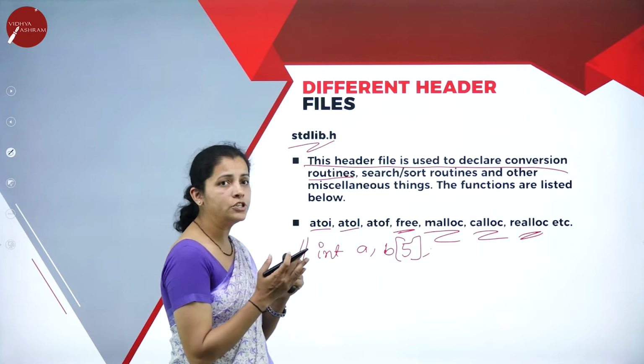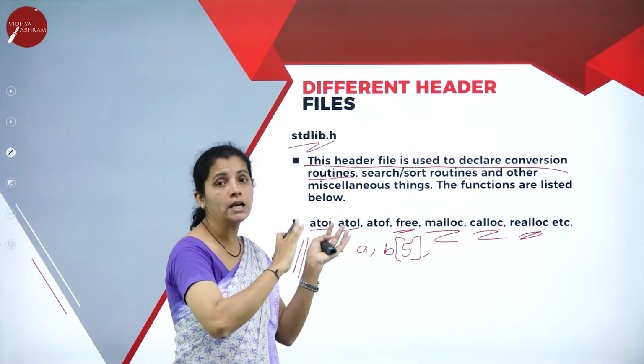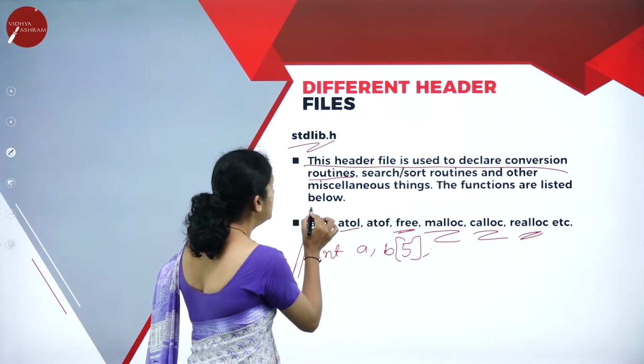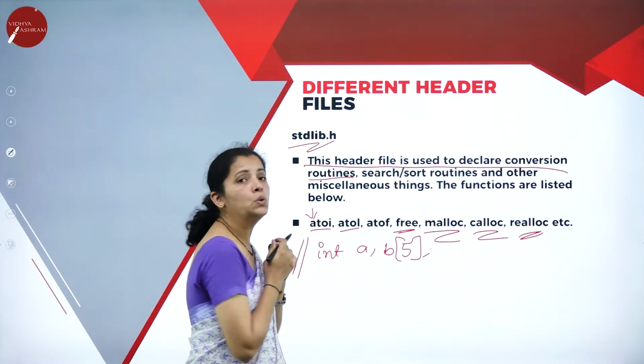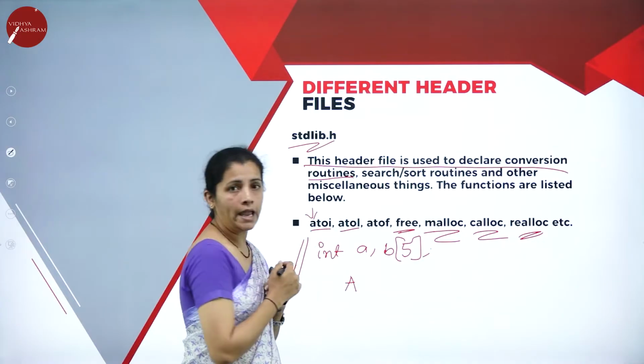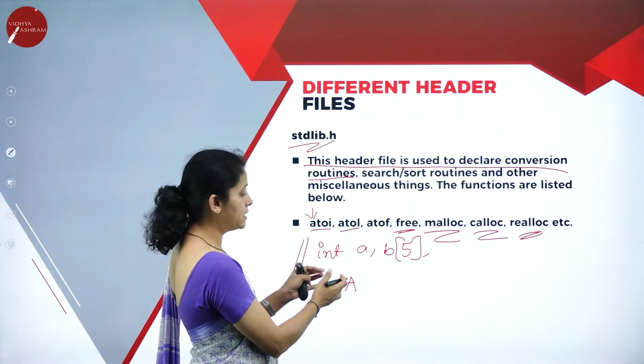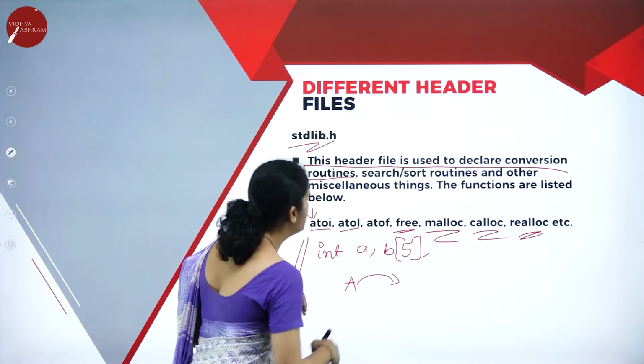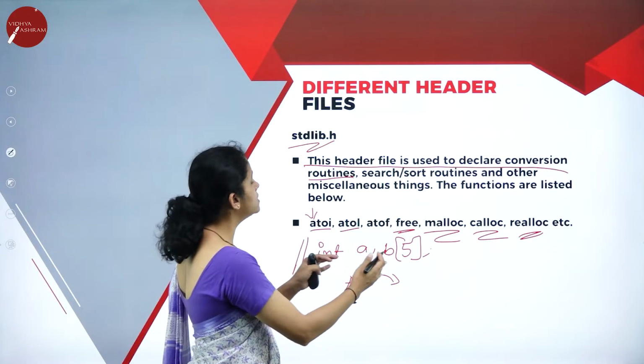So what is conversion? I want to convert one data type to another. For example, alphabet to integer: if I write capital letter A, this is the alphabet, and now I want to get the integer. That is the integer conversion.